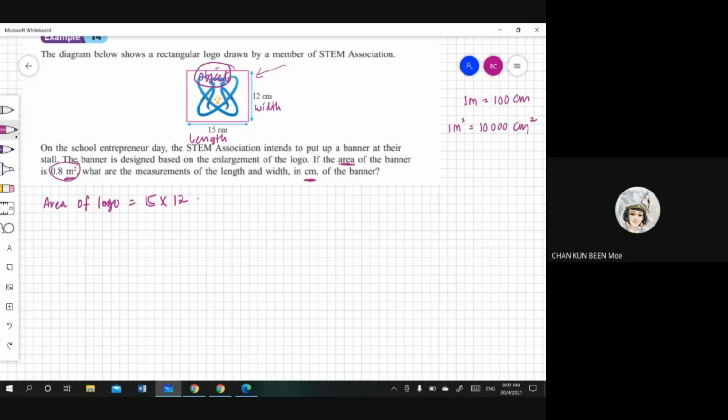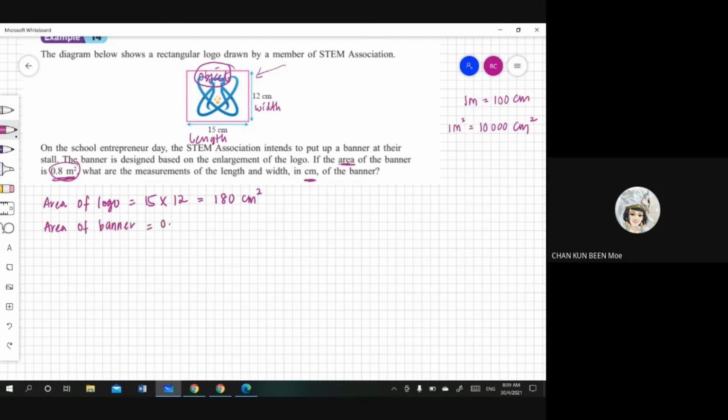So we get 180 square centimeters, following the unit. Therefore, the area of the banner is equal to 0.8 square meter.